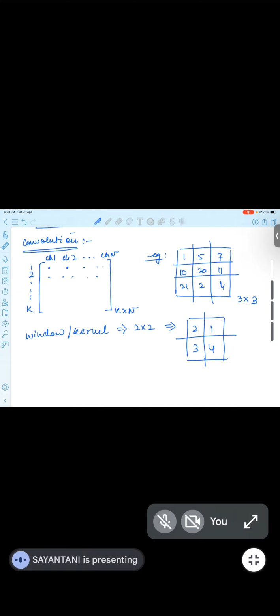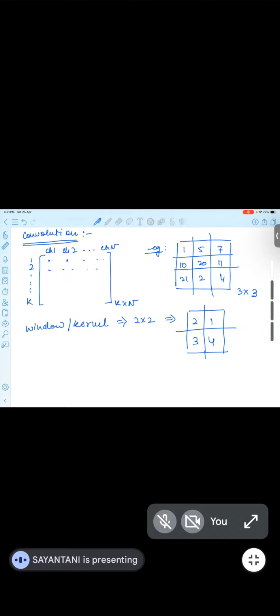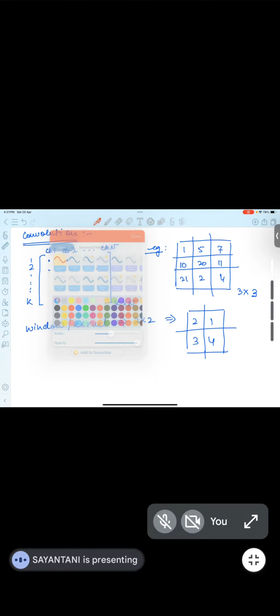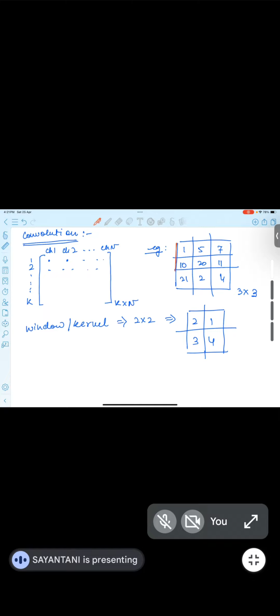How to do that? First, what you have to do is you have to place this 2 cross 2 kernel at the leftmost end. So you're placing the kernel on the top of this. Okay. Now you have to multiply each of the elements of the kernel and the corresponding elements of your input and then add them up. So what do I mean by this?